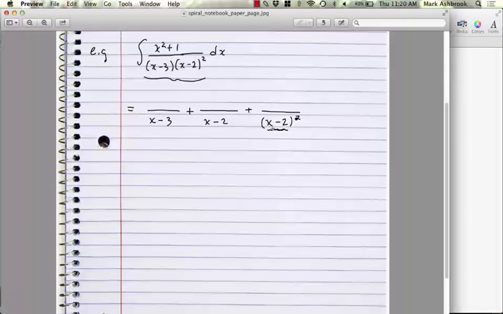It's just that our factor is squared, but it's the factor that determines what goes here. So what will go here? A constant. What will go here? A constant. And what will go here? Still a constant. So it's the underlying factor that determines that you subtract 1 from the degree to pick your general form.